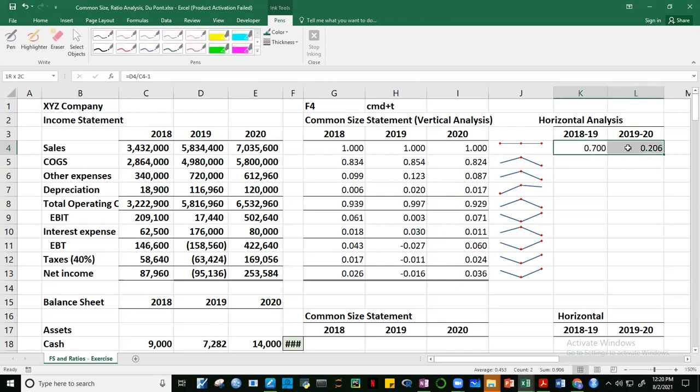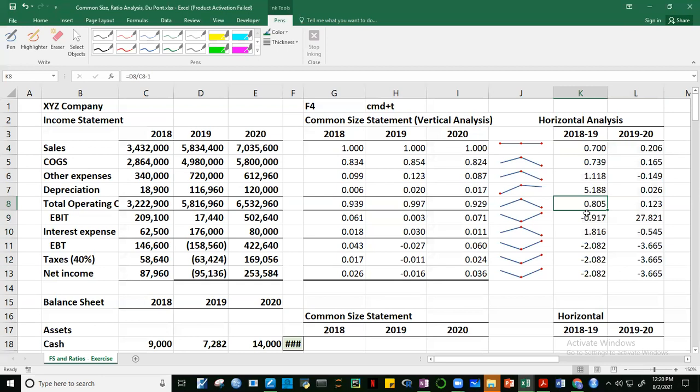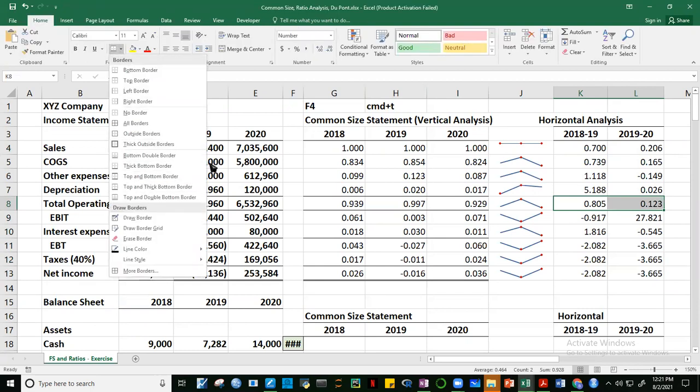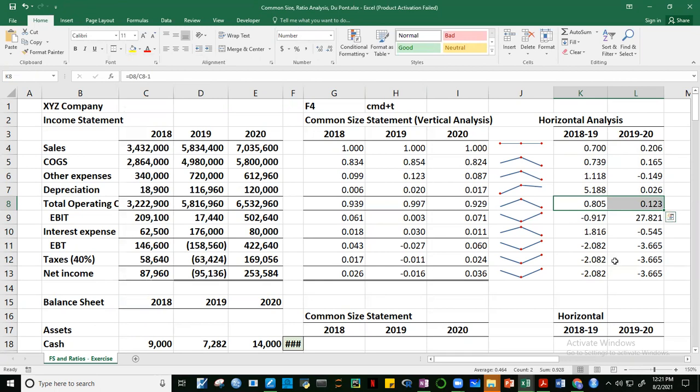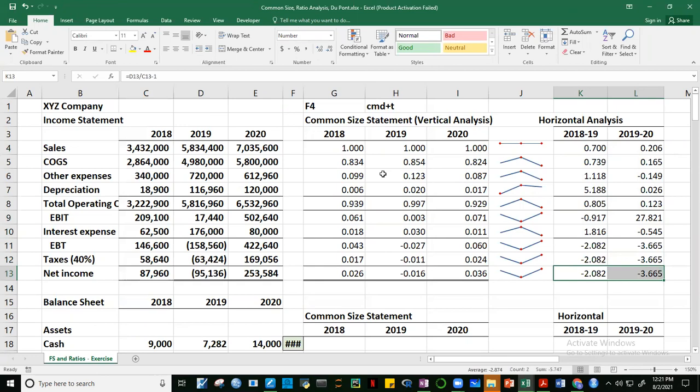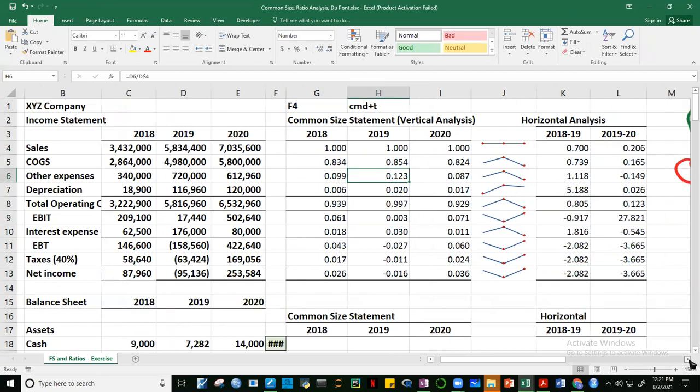Highlight this, guys, and then drag down. Lagyan lang natin ng mga borders, parang FS din. Top and bottom. Always make this a practice, guys: kung ano man yung bordering sa income statement nyo o sa balance sheet, ganun yung gagawin dito.